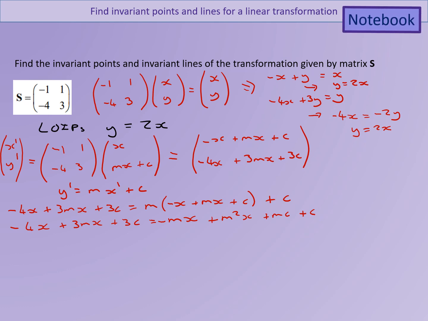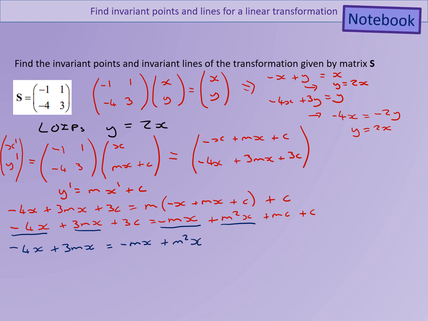Okay, so as before, we're going to compare coefficients. We're just going to take out the terms that have got an x in. That leads us to minus 4x plus 3mx equals minus mx plus m squared x.